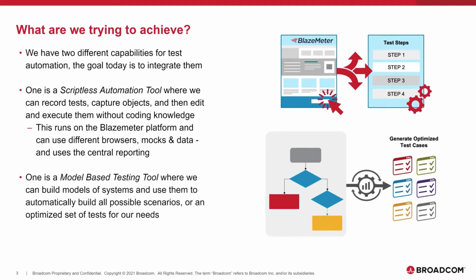The second tool we're talking about is a model-based testing tool called ARD, where we build models of systems or features or logic, and we use those to automatically build all the different possible scenarios or test cases, or alternatively, the optimized set of test cases for some coverage goal, and we measure the coverage against the model.